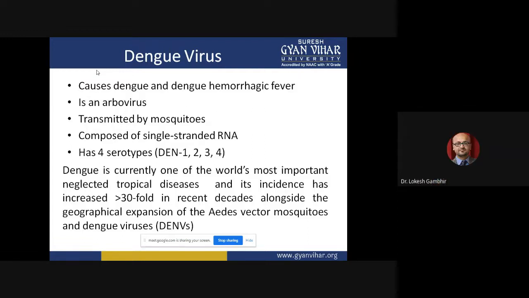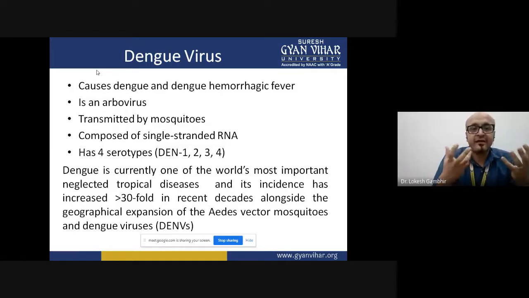So actually we are talking about the same species but 4 different strains: Den 1, Den 2, Den 3, and Den 4. That is the reason why I'm talking about four different serotypes. Now, dengue fever, the disease we are calling dengue, is amongst the major tropical diseases in the world.